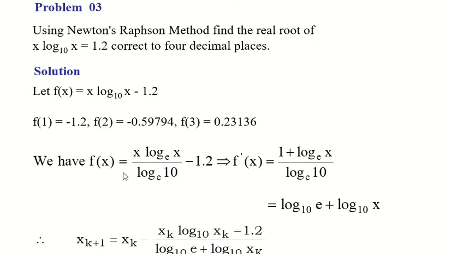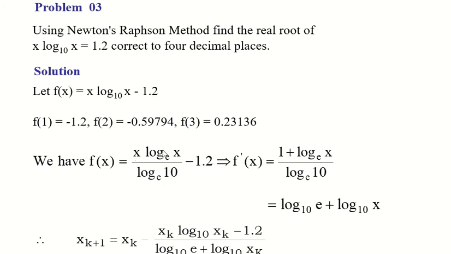So this is x into log x by log 10 minus 1.2. Right? So that implies, what is f dash of x? What is f dash of x? The denominator is a constant, log 10 to the base e.